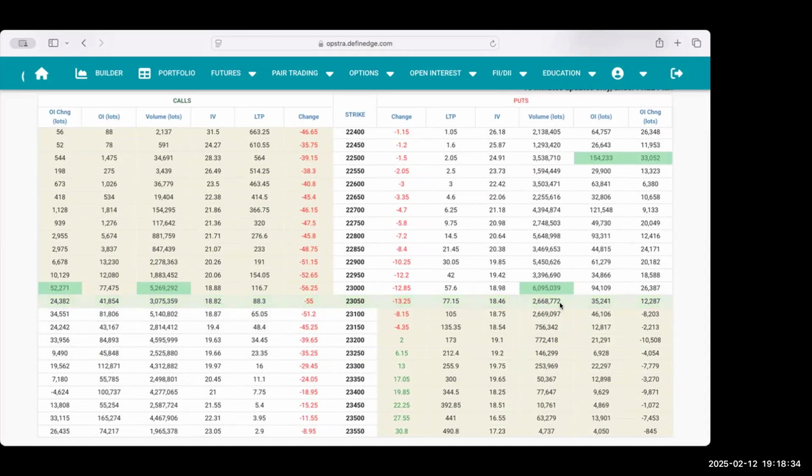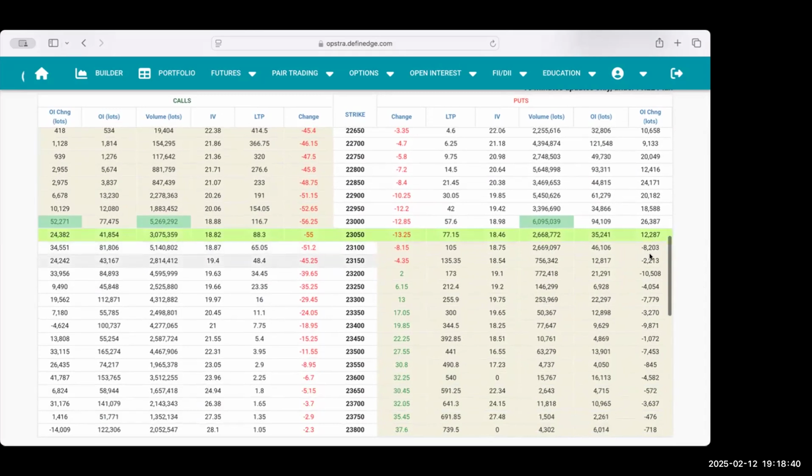So tomorrow the question is, who is going to give up? The beautiful part is here, see, these are all minus 8,000, minus 2,000, minus 10,000, all minus, meaning PE guys are exiting their positions. Correct? That is why Nifty came down today. See, heavy contracts added here.